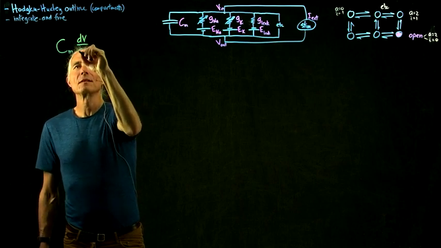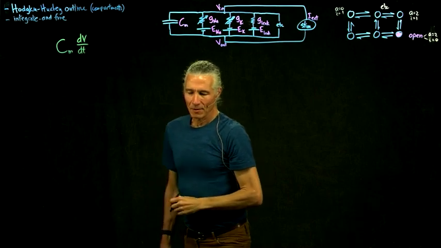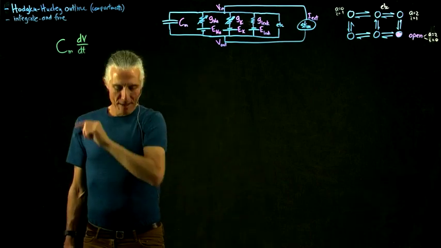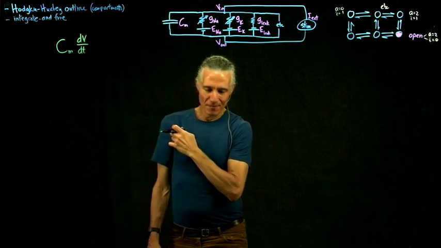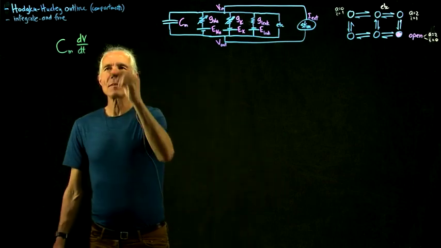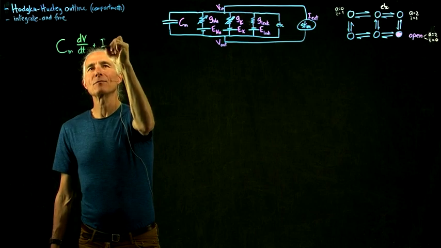So they're equations about rate of change, and so the capacitance of the membrane times the rate of change of the voltage is going to equal minus any current coming through the ion channels.